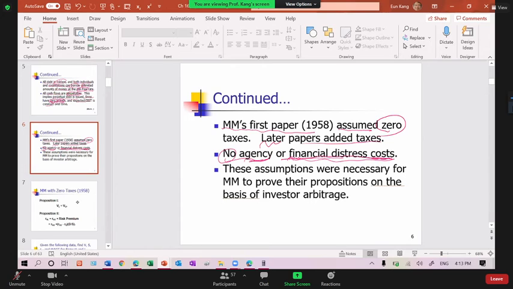That's why they got the Nobel Prize. So these assumptions were necessary for MM to prove their propositions on the basis of investor arbitrage. I'll talk about this one using examples.